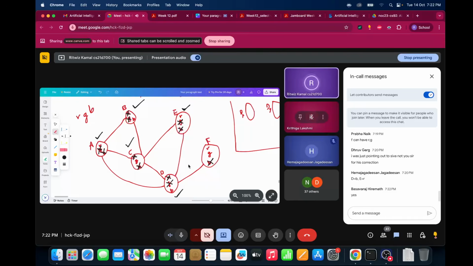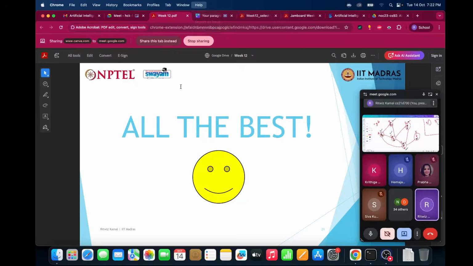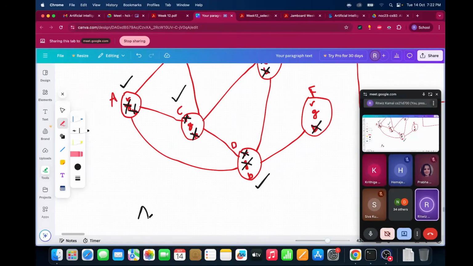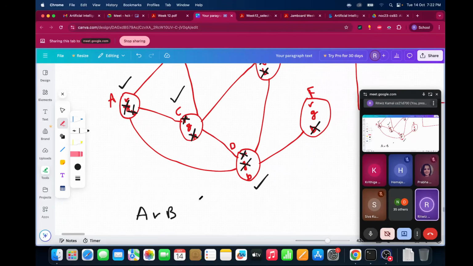So the solution could be A has red, B has blue, C has green, D has blue, E has red, and F has red.